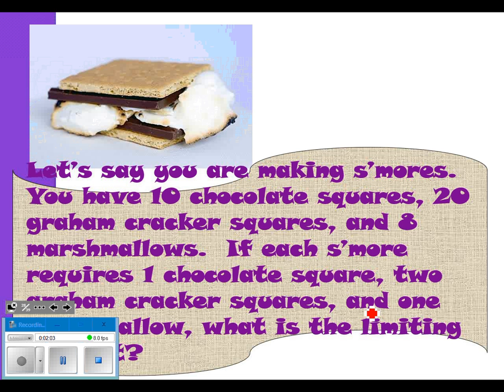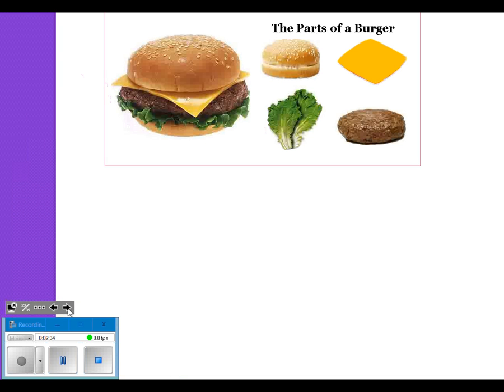You have enough chocolate squares to make 10, and enough graham crackers to make 10, but you only have 8 marshmallows. Once you use those 8 marshmallows, you're done. So the marshmallows become the limiting reagent, and the excess reagents would be your chocolate squares and graham crackers. Now these are live examples, but in chemistry we get to use chemical reactions to do the same thing.